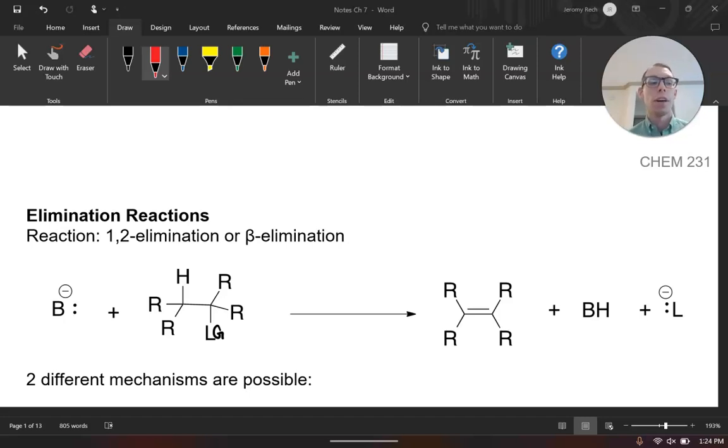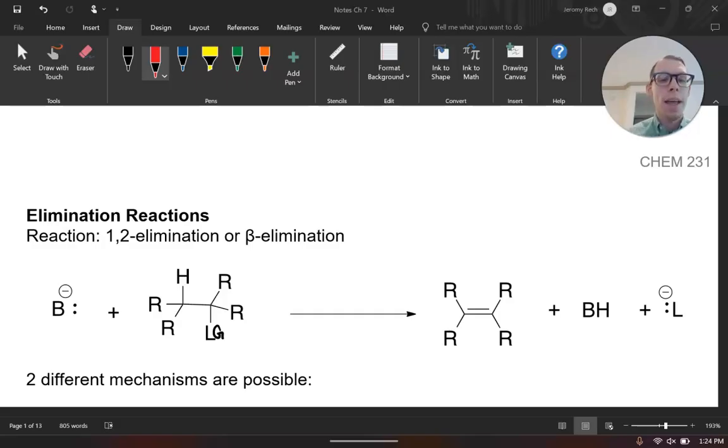They're often charged, and they're always going to have a lone pair for our sake. One of the big differentiations we need to make, if we look at a structure, is whether it's more nucleophilic or basic. That's something we'll get to in a later video.